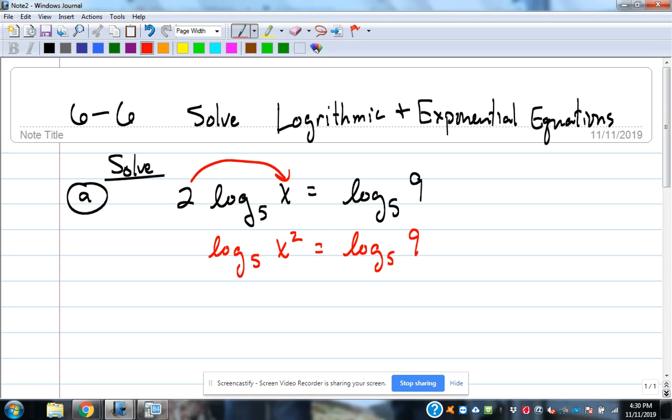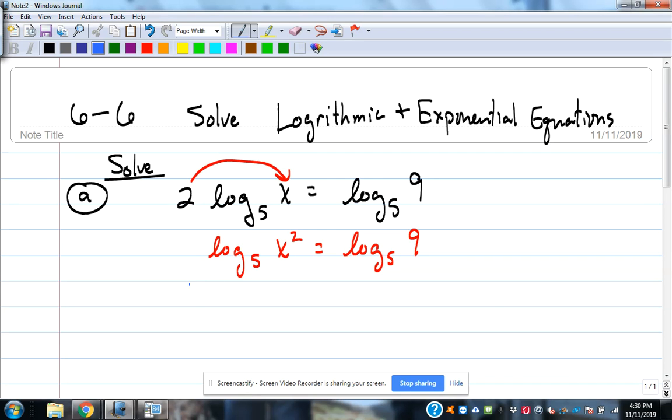Now, common sense tells me that if they're both inside of a log base 5, then x squared has got to equal 9. Mathematically, though, you can't just drop off the log base 5s. This goes back to what we used last week. It's called exponentiating. Whatever the base of the log is, we exponentiate each side with that.